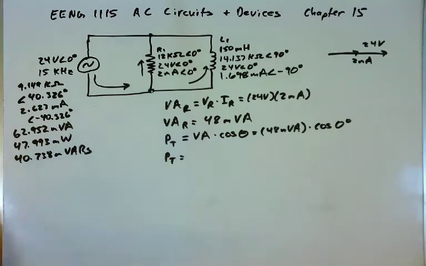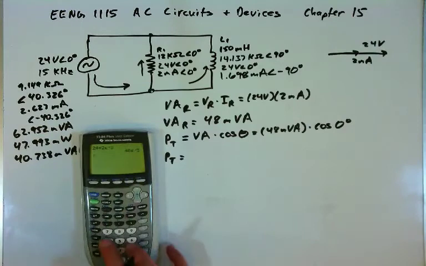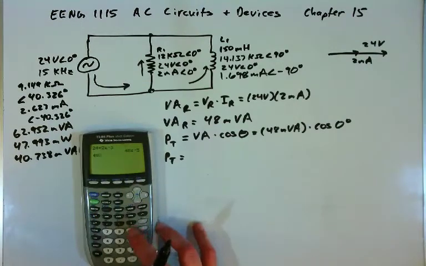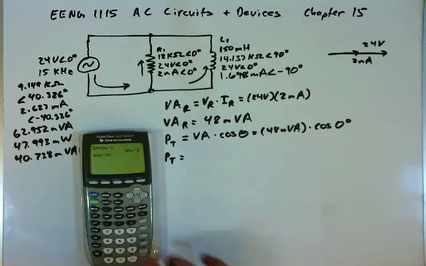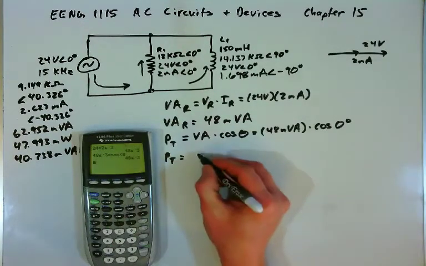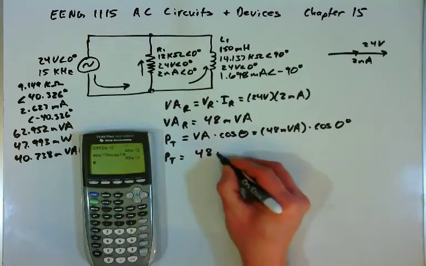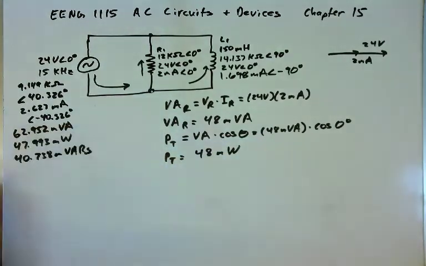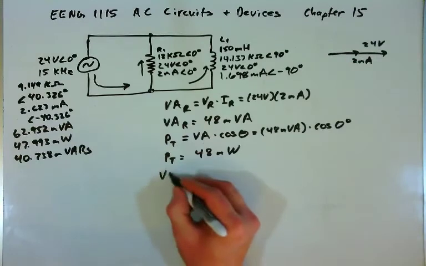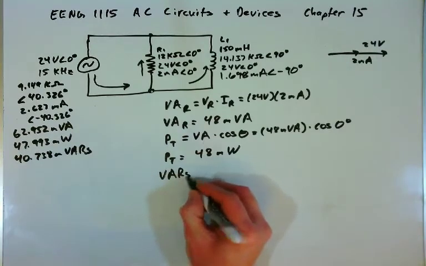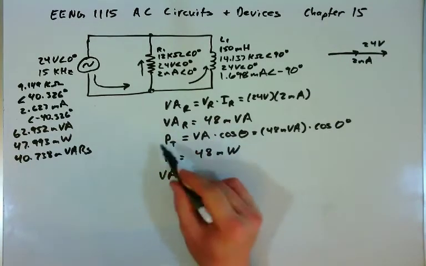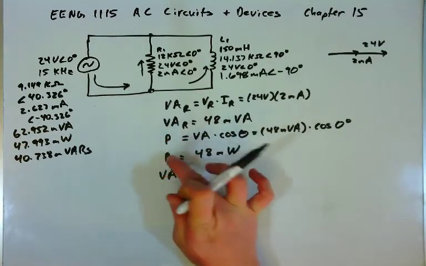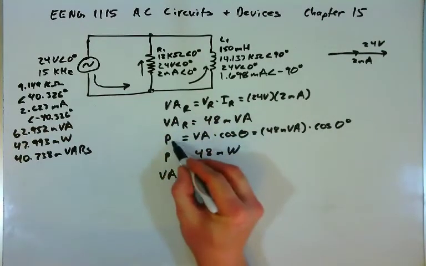And so the total power of the circuit will be 48 milli times the cosine of 0, which is 1, and so we get 48 milliwatts. Oh, and I wrote power total here. I meant to write power of the resistor.